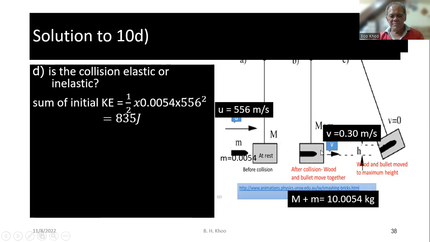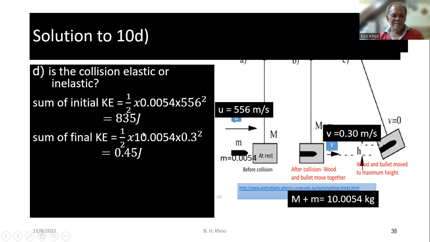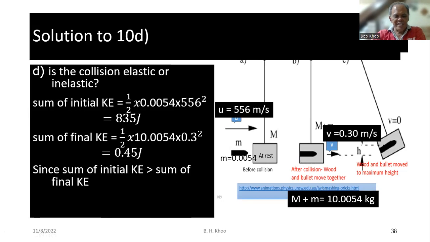Then after collision, that's the speed of the bullet and the block. We calculate the kinetic energy, half total mass times velocity squared. They are different. You can see there's a great loss in kinetic energy. So the initial kinetic energy is greater than the final kinetic energy, so the collision is inelastic.